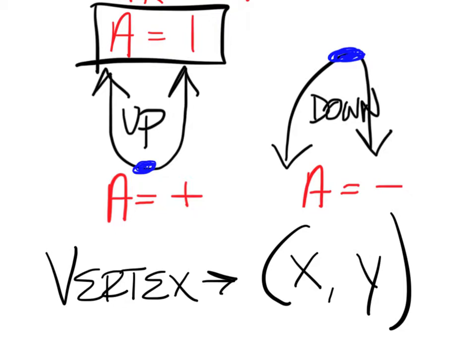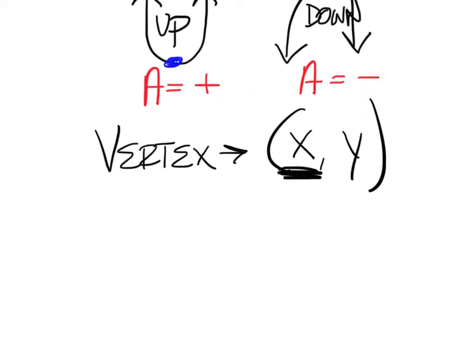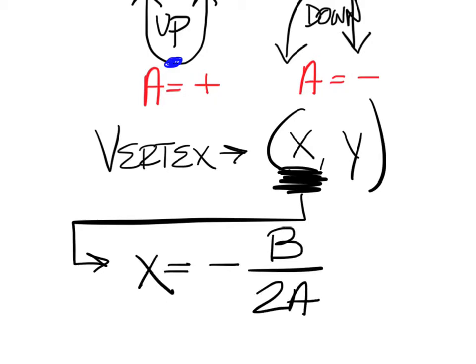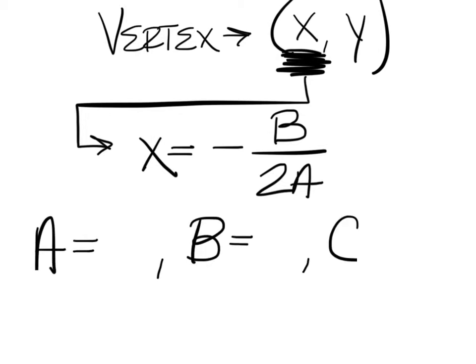The way you find the xy point is by first trying to find the x. To find the x value of that point, you must do the following. X equals negative b over 2a. Before you can do that, you must know what A, B, and C are. A equals, B equals, C equals.